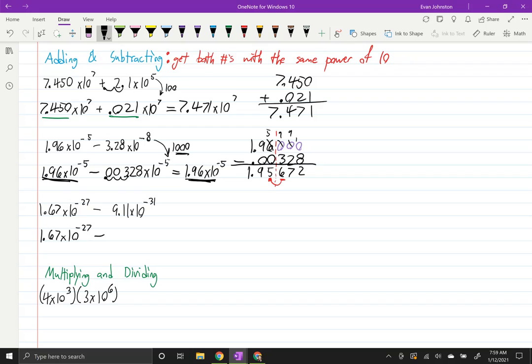But then we want to make our smaller value so it has the same power of 10. So going from 10 to the negative 31 to 10 to the negative 27th, this is the same thing as timesing by 10 to the 4. That's a very large number. What is that? In fact, it's 1 with 4 zeros.